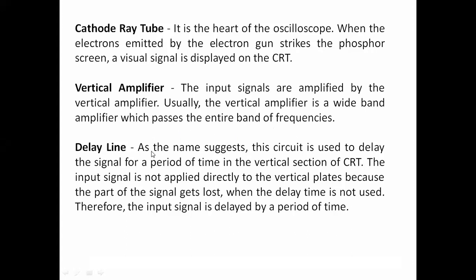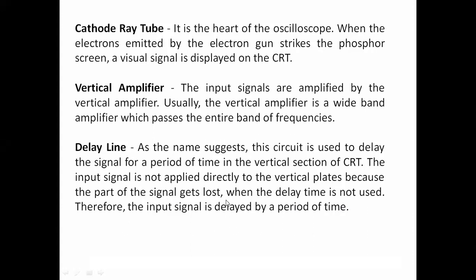Delay line: as the name suggests, the circuit is used to delay the signal for a period of time in the vertical section of the CRT. The input signal is not applied directly to the vertical plates because part of the signal gets lost when the delay time is not used. Therefore, the input signal is delayed by a period of time.